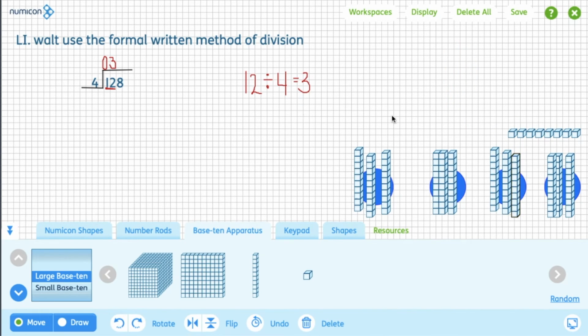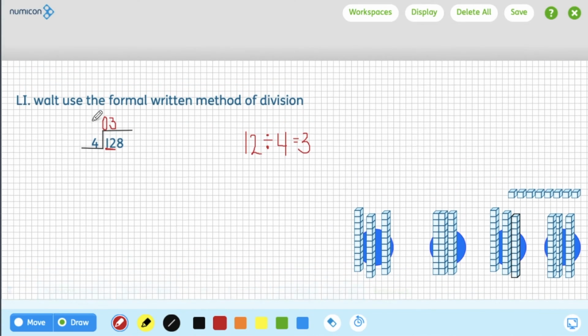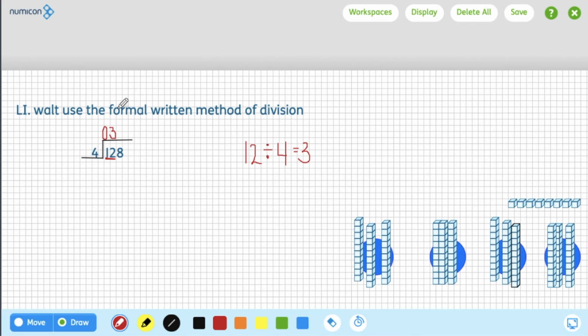Okay, so I've gotten rid of 120, so I have to show that in my long written form of division. So what I do is I multiply the 4 times the 3 tens that I got rid of. So I got rid of 3 tens times 4 groups, which is 120. So I pop 120 here, or the 12 tens, sorry.